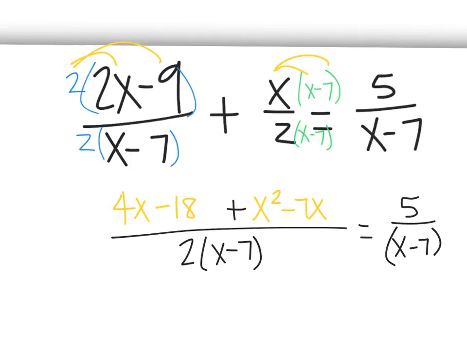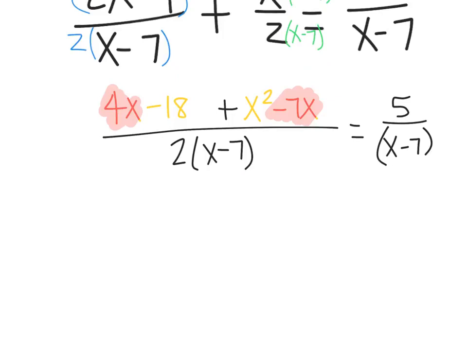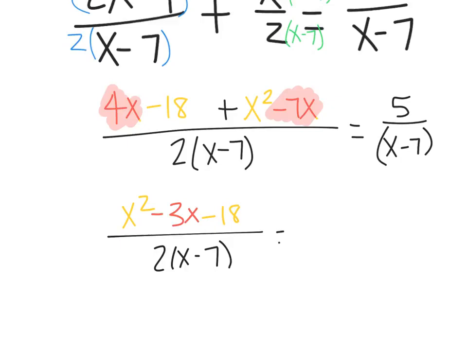What else can I do? Yeah, I can simplify the numerator because I have a 4x and a minus 7x. What is 4x minus 7x? Negative 3x. So I really have x squared minus 3x minus 18 divided by 2 times x minus 7 equals 5 over x minus 7.